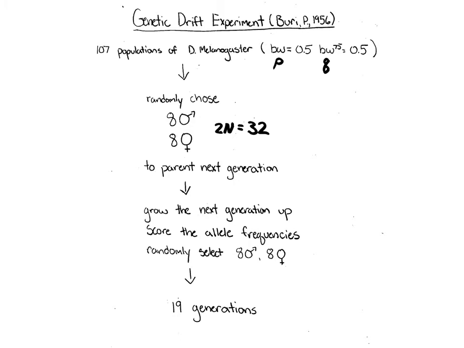And then he would score each generation for the allele frequencies of both of those alleles. Again, in the next generation he would select 8 males and 8 females, grow them up, look at the frequencies, do it again and again and again, and he charted that for 19 different generations.